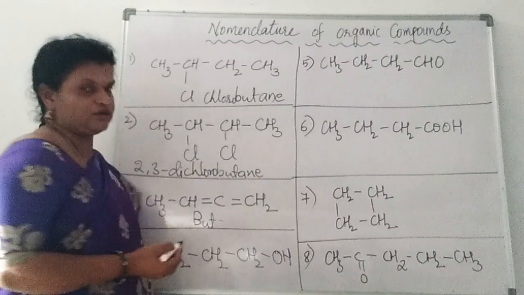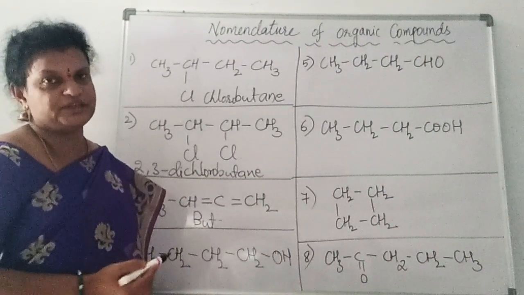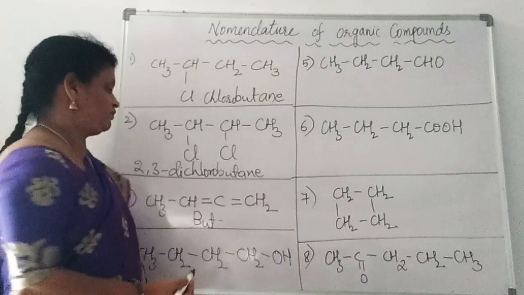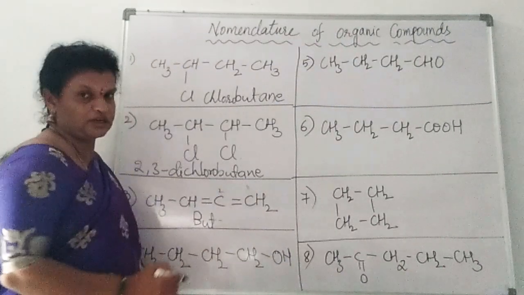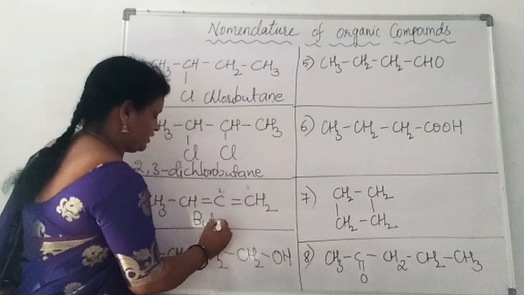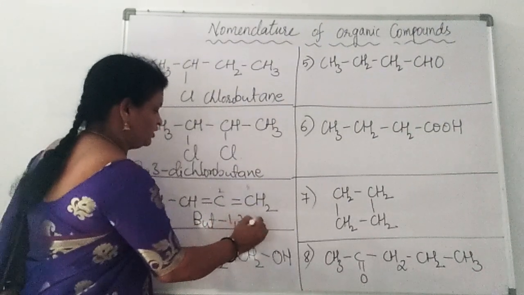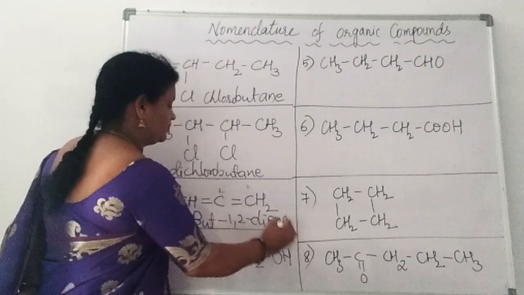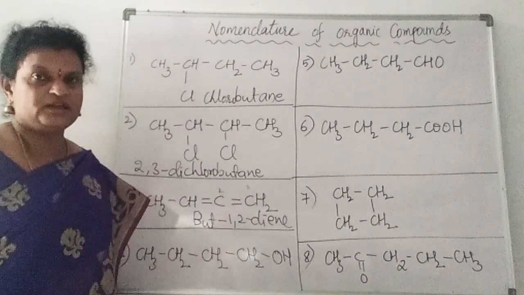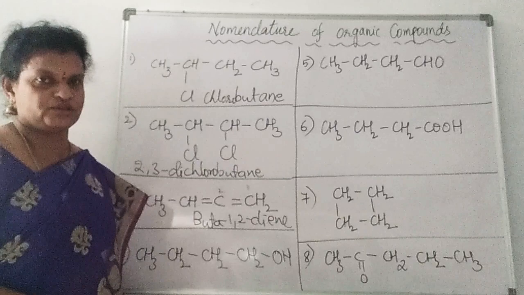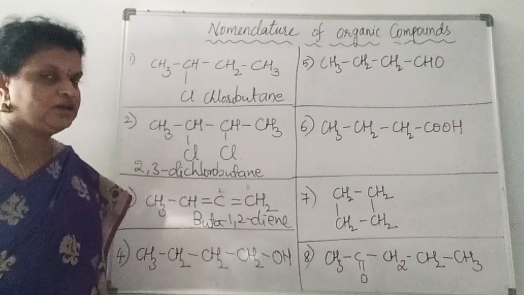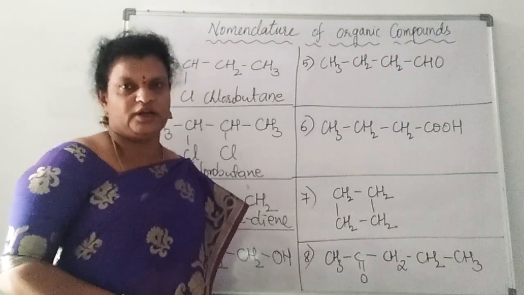From this side if you start counting, it becomes 2 and 3. 2 plus 3, 5. So least sum rule, if you want to follow, here first carbon, second carbon, like that we have to start counting. So that is why what we write here, but 1,2-diene. But 1,2-diene. Sometimes it may be given like buta 1,2-diene. That is also correct only. Buta 1,2-diene or exactly but 1,2-diene.